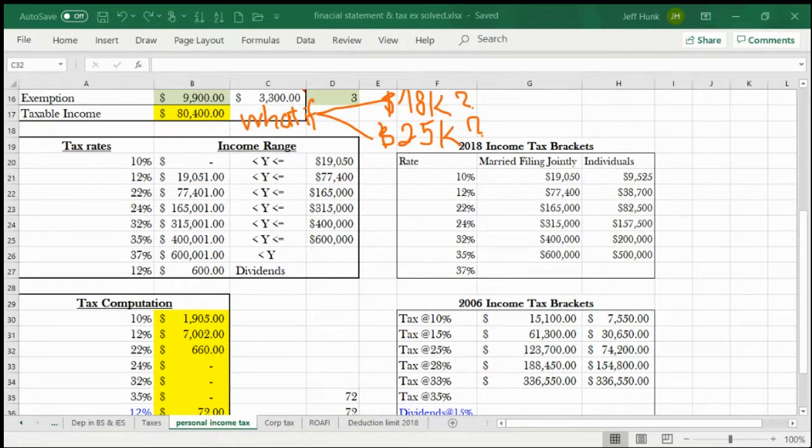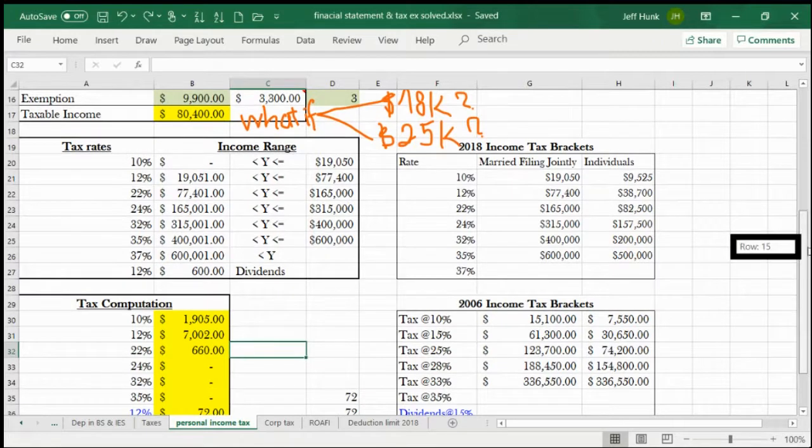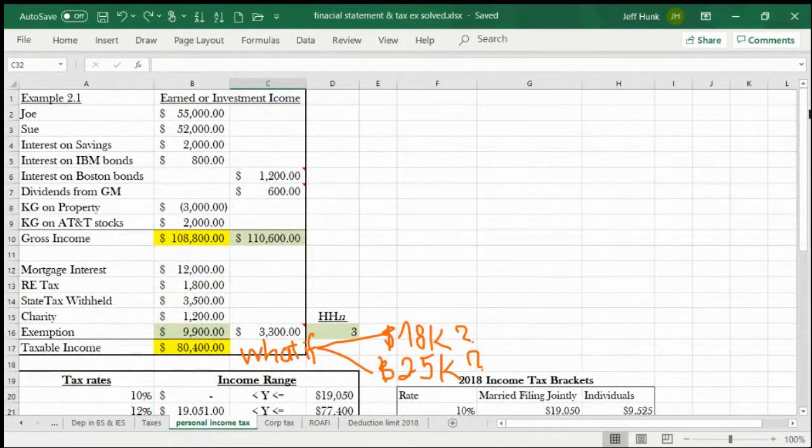Now, in our previous lecture, which was the first video in tax computation, we basically set up the parameters, the given inputs, for this personal income tax computation example.